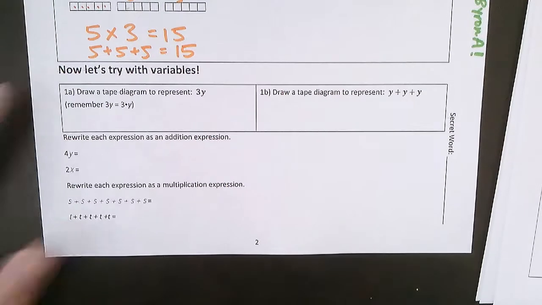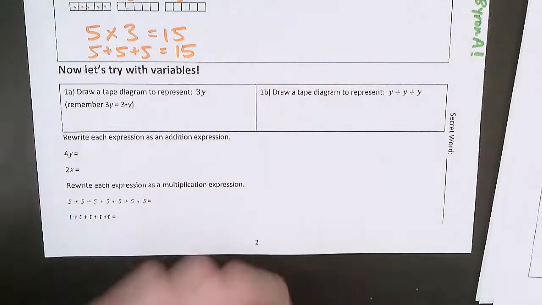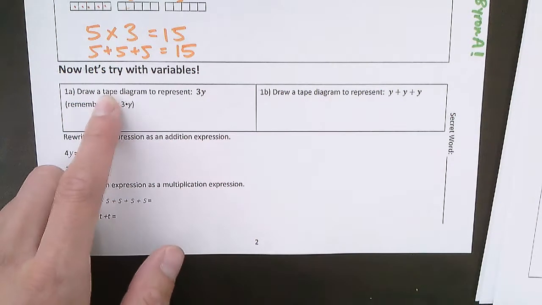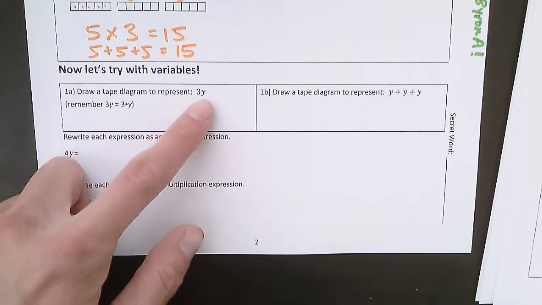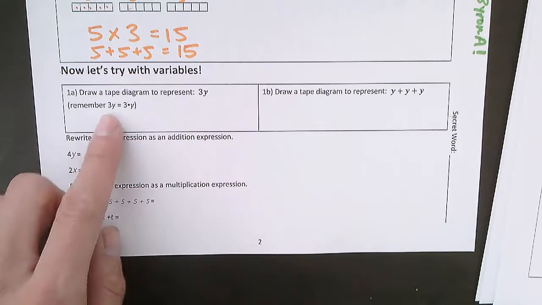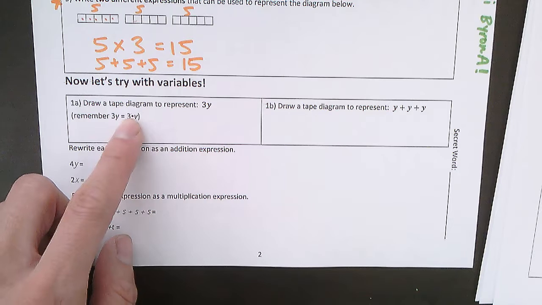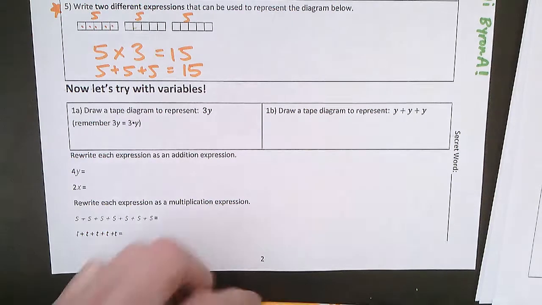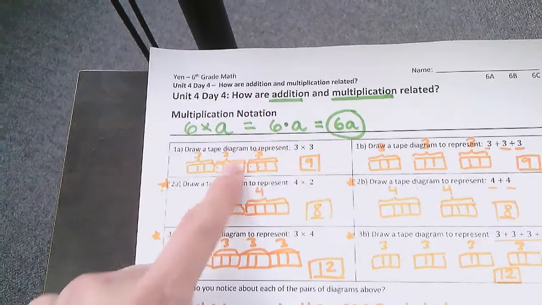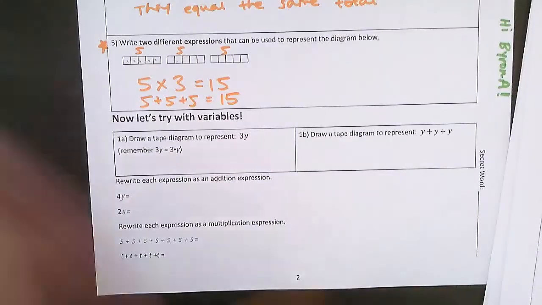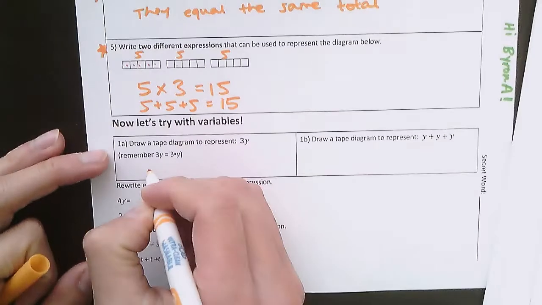Now, on the bottom, we're going to do the same thing we just did above, but with variables. So 1A asks us to draw a tape diagram to represent 3y. And remember, what we learned at the top is that 3y is the same thing as 3 times y. So if we draw 3 times 3 like this, then the way we would draw 3y is we'll start with 1y.